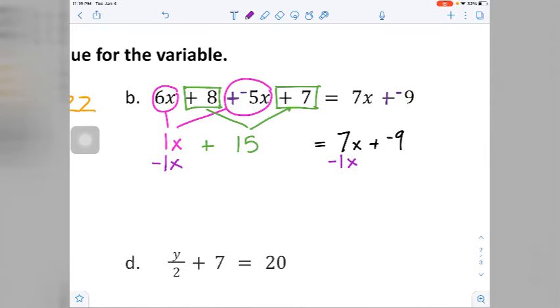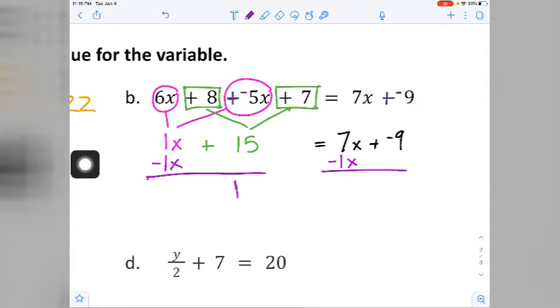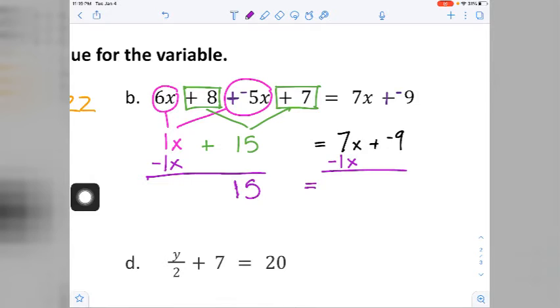And then to even that out, I'm going to do minus 1x from the right. I subtracted this 1x because I wanted to make a 0, and it was being added. So 15 plus 1x minus 1x is just going to give me 15. 1x minus 1x is 0. I'm not going to write it. I just know that it's 0, so I don't have to write it.